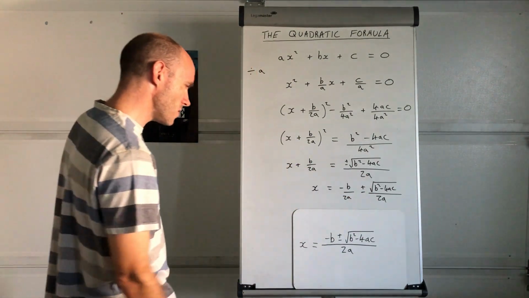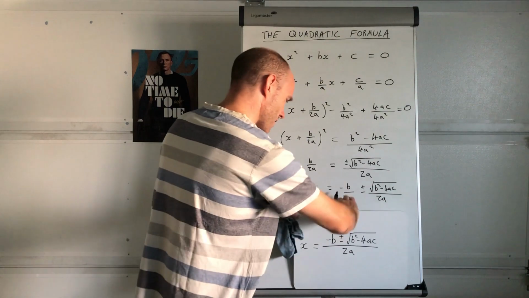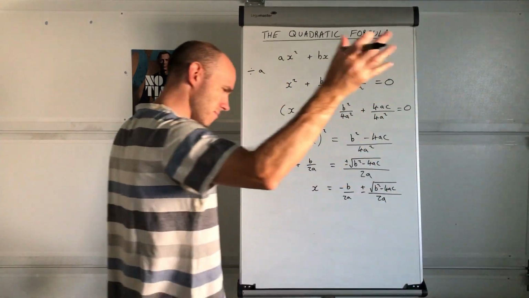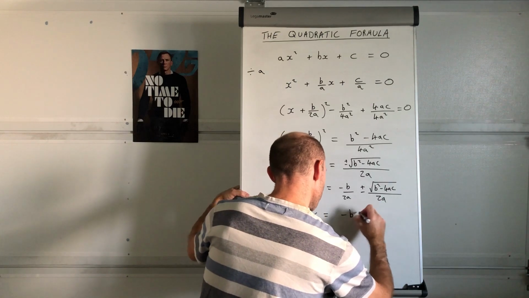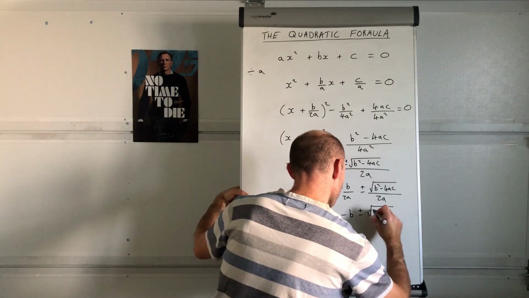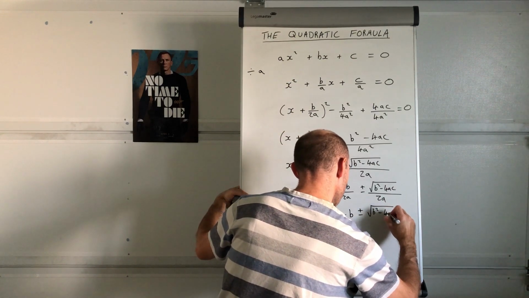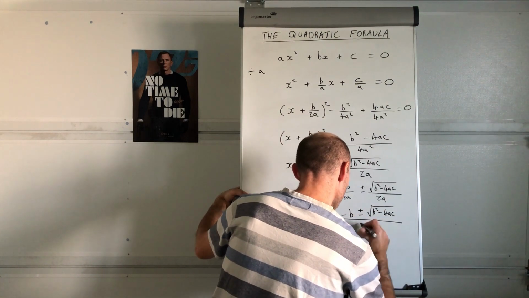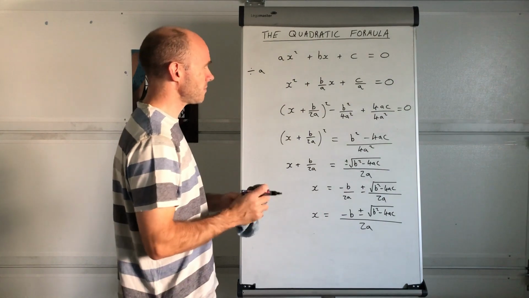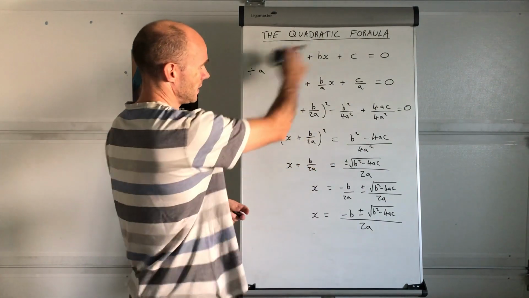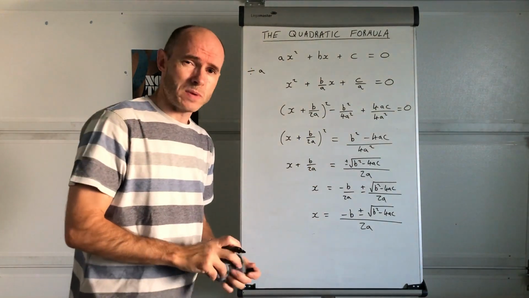So that is the same as this. If I just keep it on one board, I'm going to have it as x equals negative b plus or minus root b squared minus 4ac all over 2a. And that is the proof. That is the proof of why the quadratic formula works.